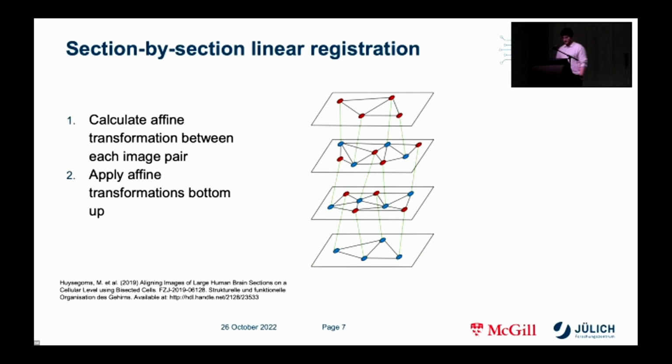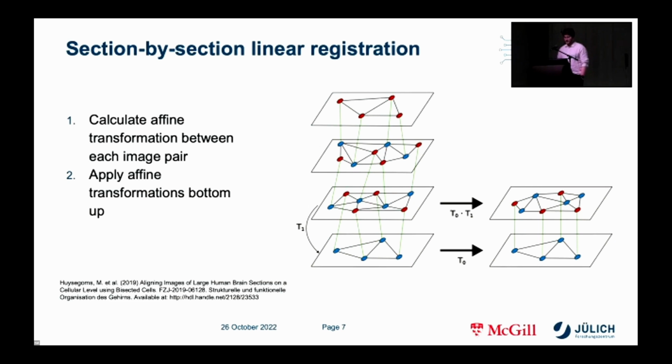In the release, we used a section-by-section approach with linear registrations. So we have a stack of images, and let's assume the first image is already in good shape. Then we calculate a linear transformation between the first and the second image and apply it to the second image.